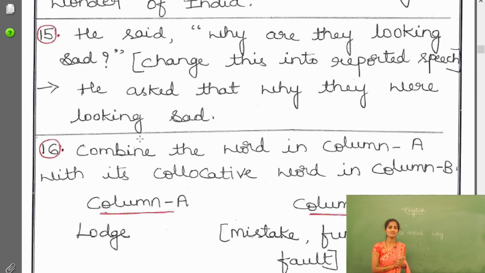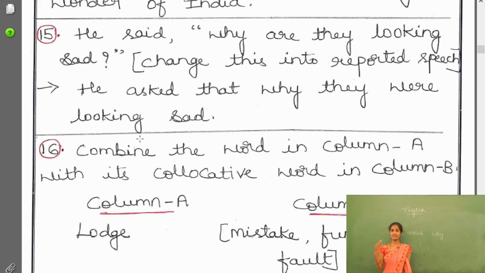Observe the sentence there. They are looking sad. It is in the present continuous. When the direct speech is in the present continuous, it will be converted into the past continuous. You all know the rules; you have written them in your grammar notes. Just revise once. Simple present converts into simple past. Present continuous means past continuous.